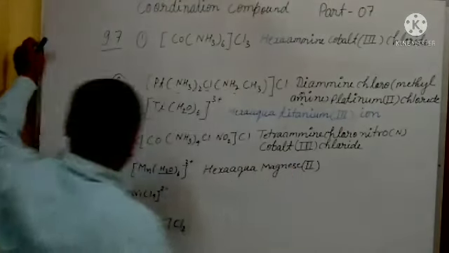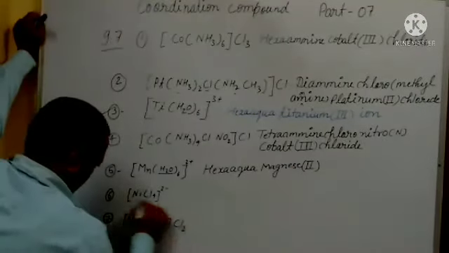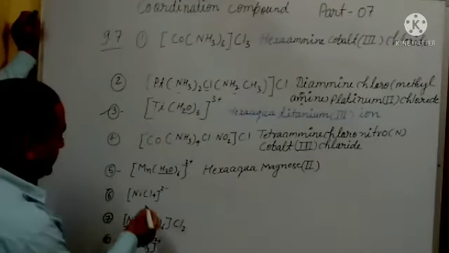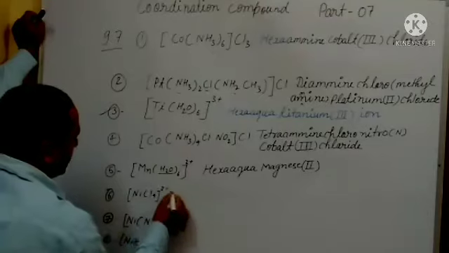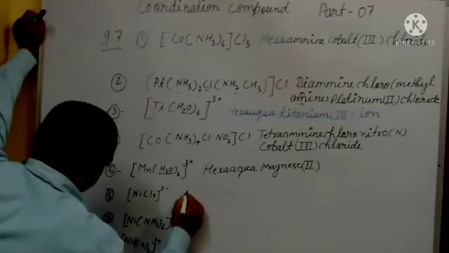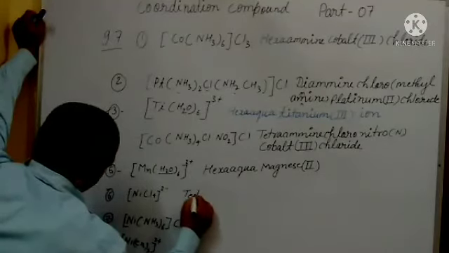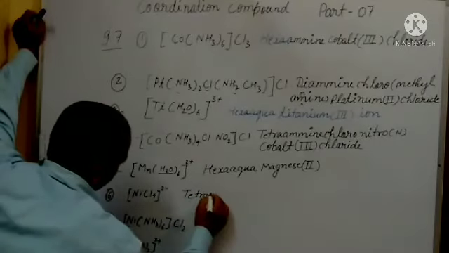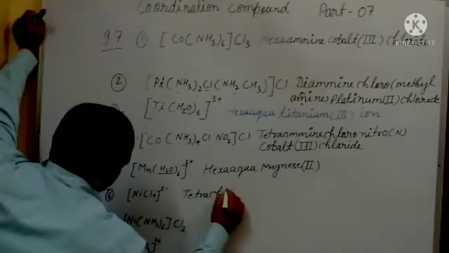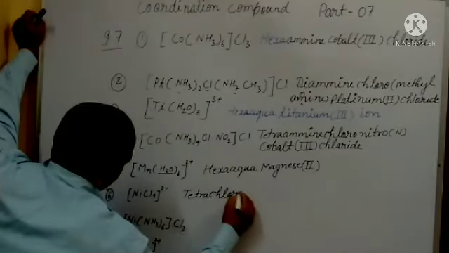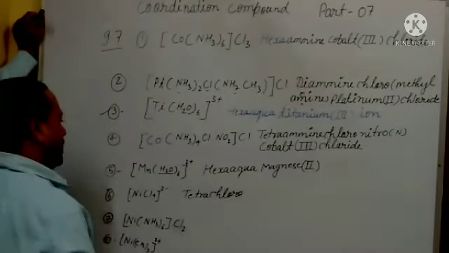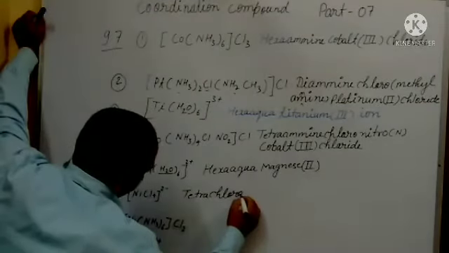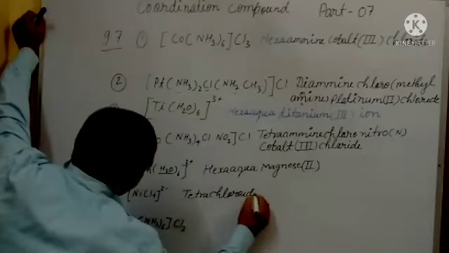Okay. Next. Here we can see [NiCl4]2-. So what will be tetra? Tetrachloro, or chlorido; we can write chloro or chlorido, both are fine.